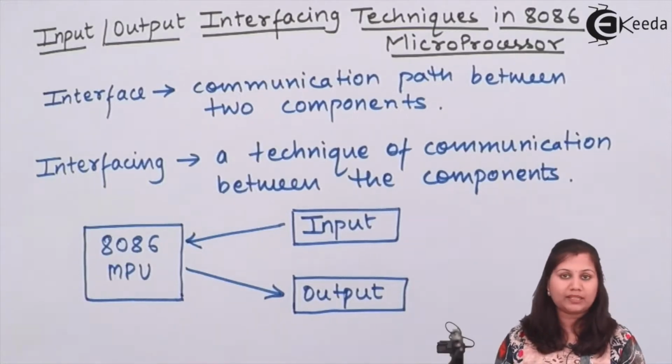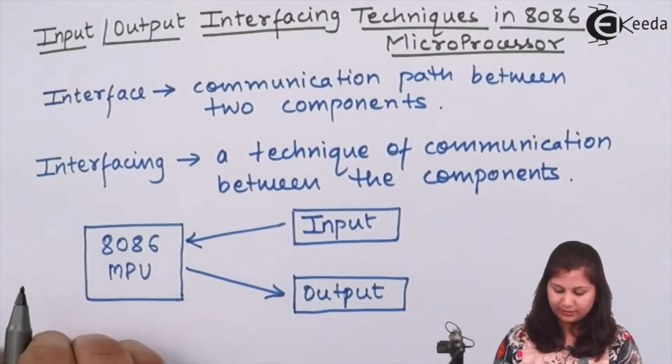Now there are many ways in which the 8086 can communicate with the input and output devices. Let us see what these ways are.